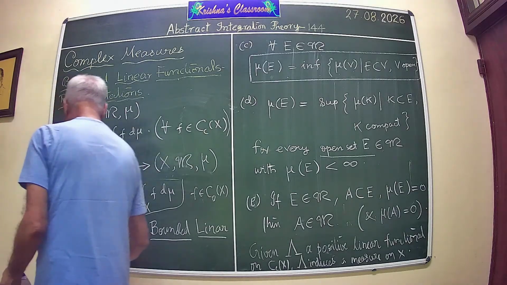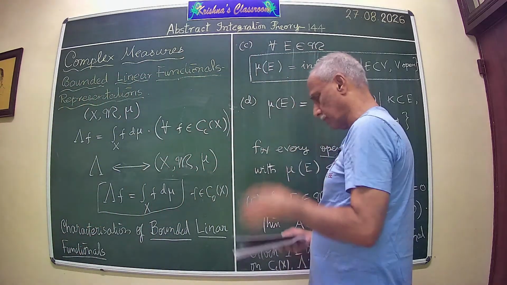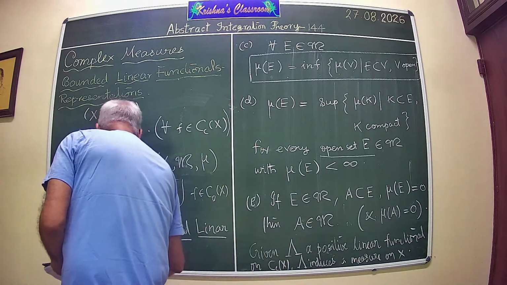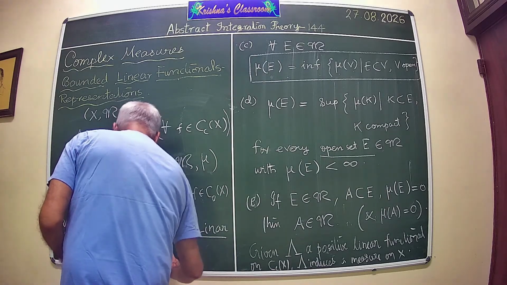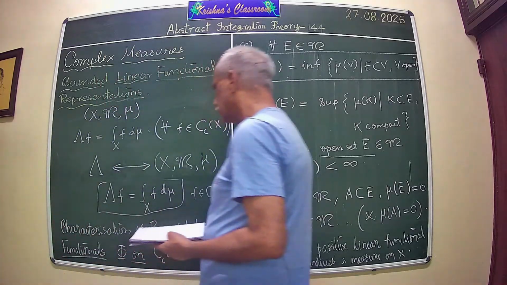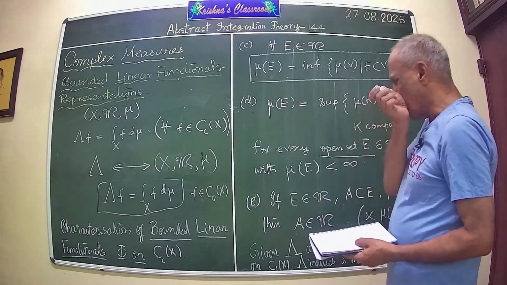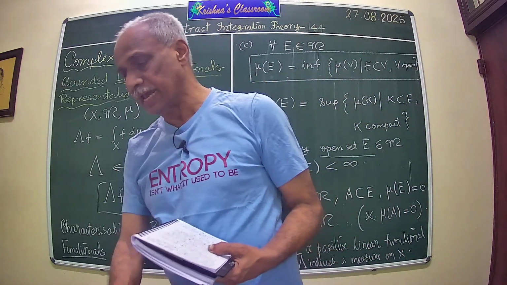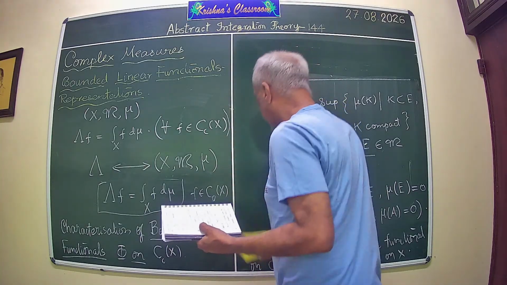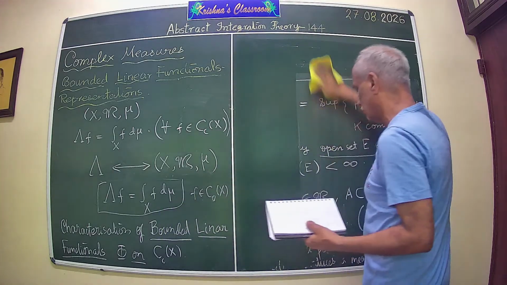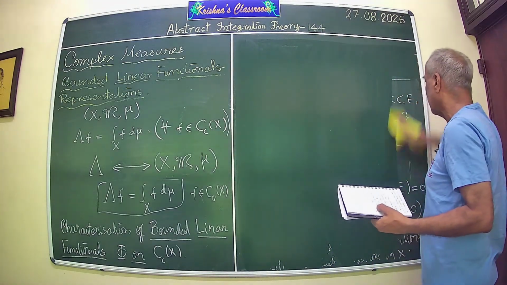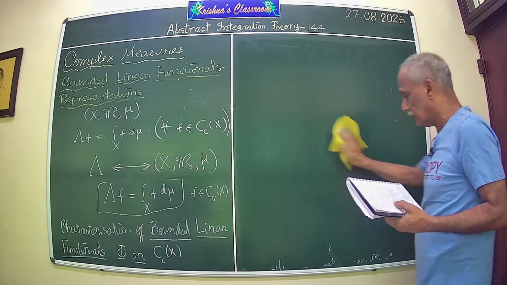We are not working on positive functions, but on bounded linear functionals. A similar result like the one for positive linear functionals is valid. Now the measure that is determined is going to be a complex measure. Okay, so that is the connection.